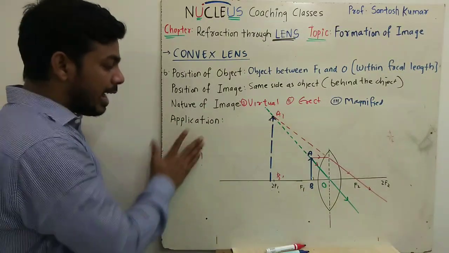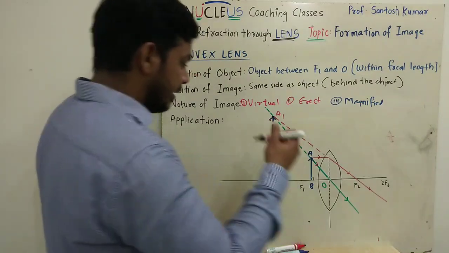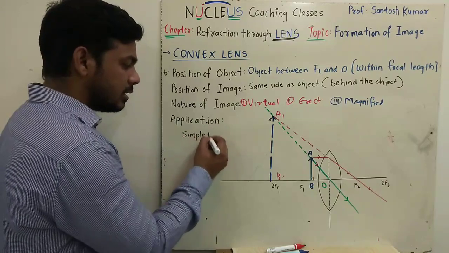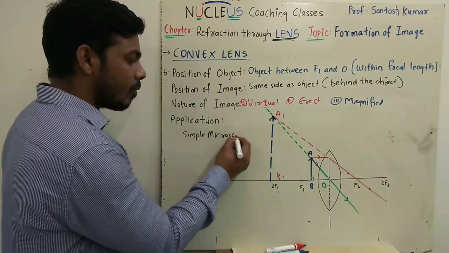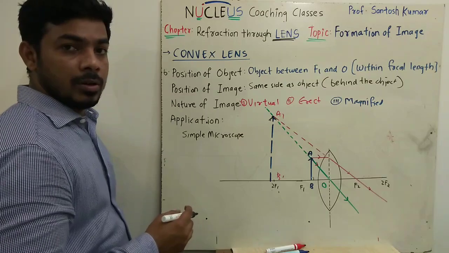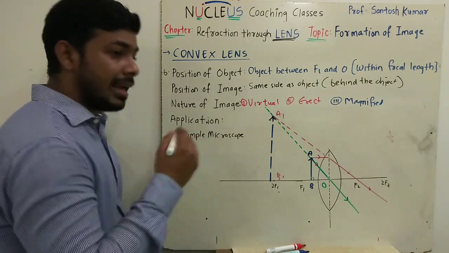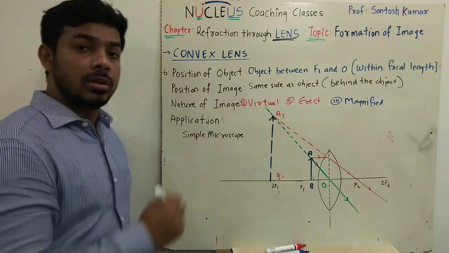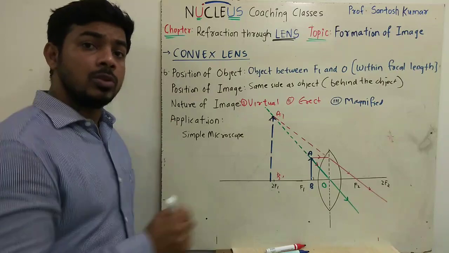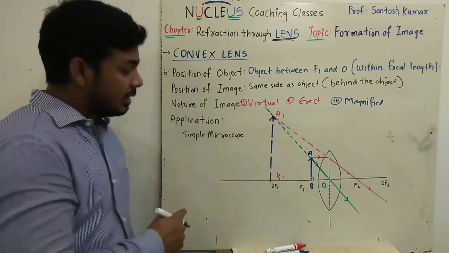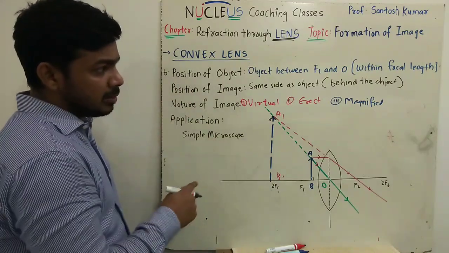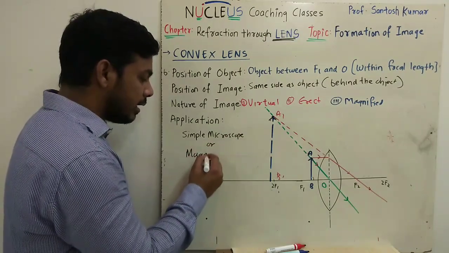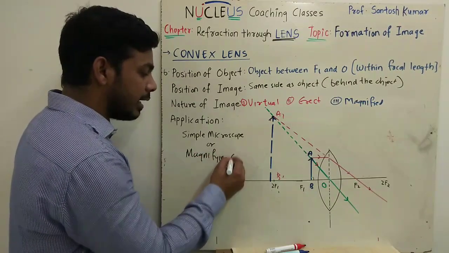And if I talk about an application of this case, it is very important: it is used as a simple microscope, or as a doctor's magnifying glass. Whenever doctors see your tongue in a clinic, they always use a magnifying glass. So the application of this position is that it is used as a simple microscope, or I would better say a magnifying glass.